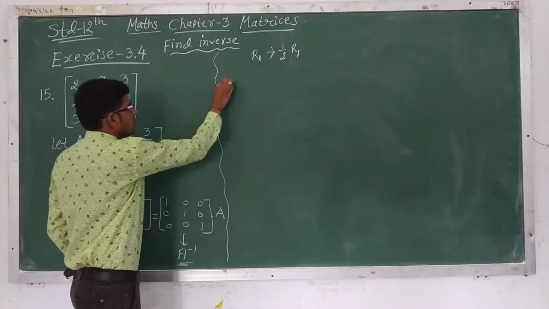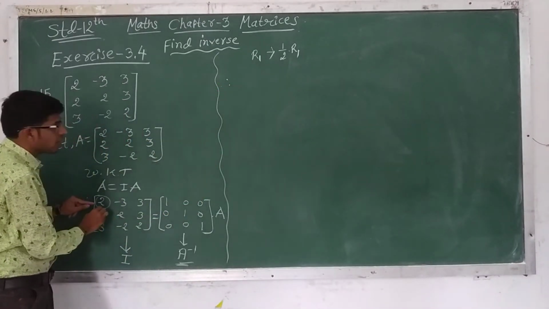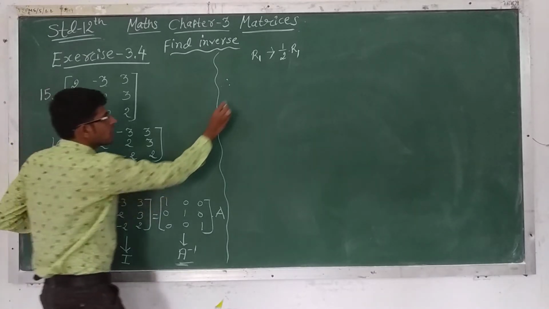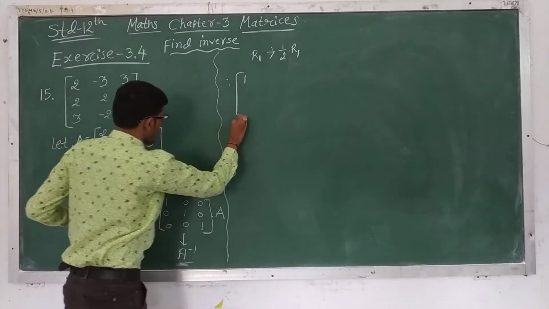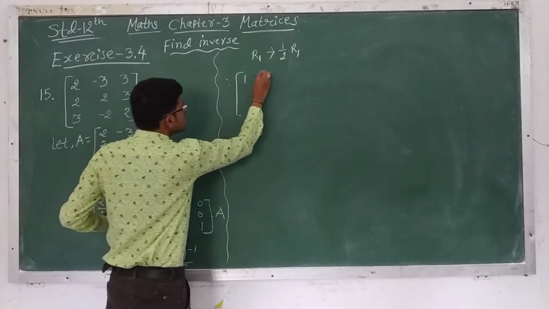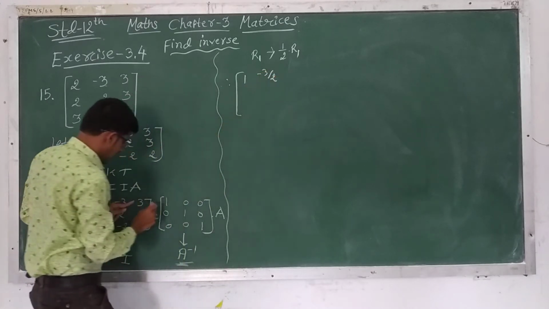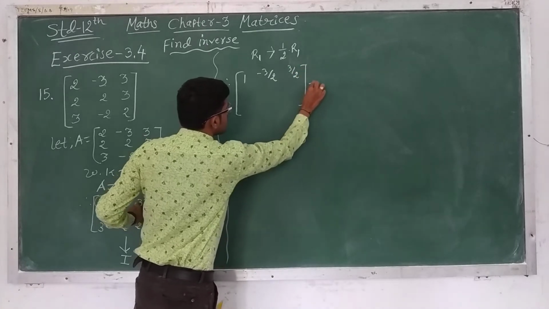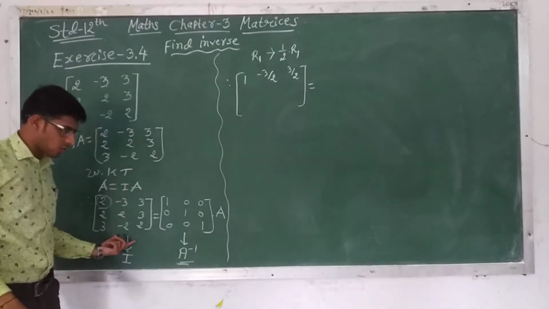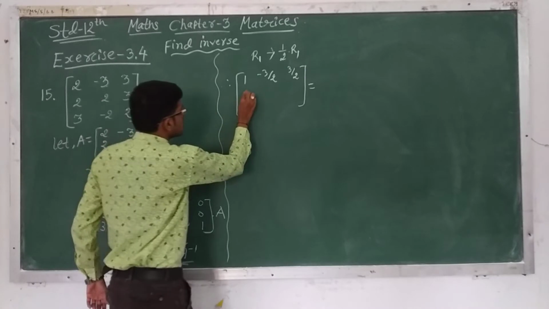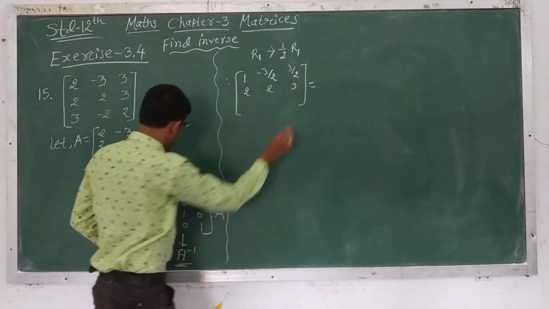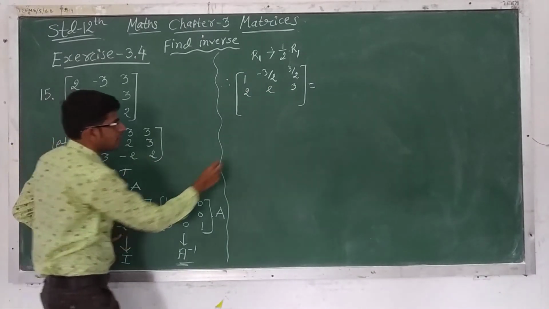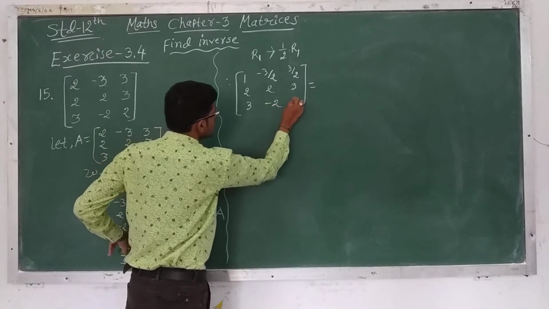Therefore, what is the answer? We divide by 2: 2 divided by 2 is 1, minus 3 by 2, and 3 by 2. Second and third rows stay as they are: 2, 2, 3 and 3, minus 2, 2.